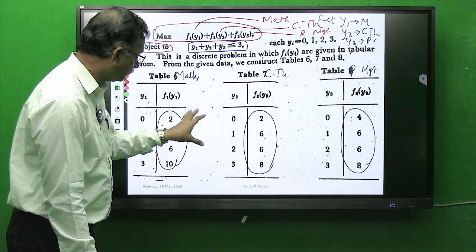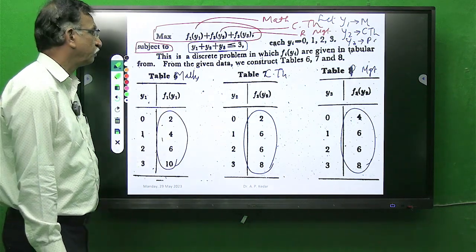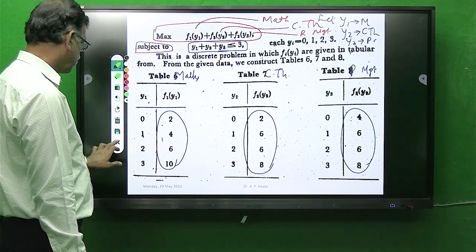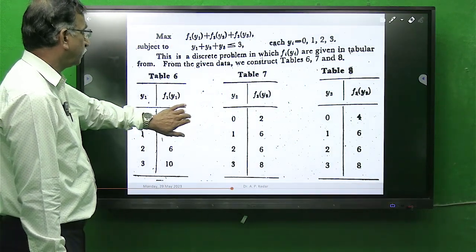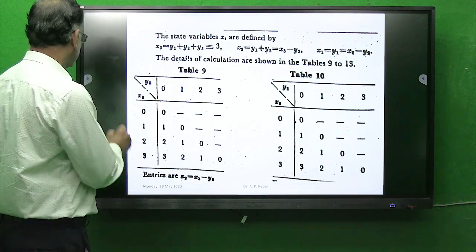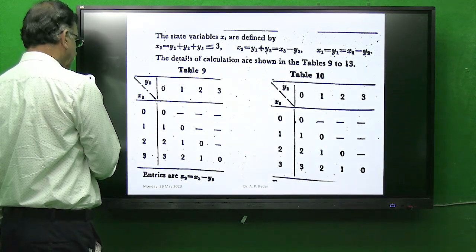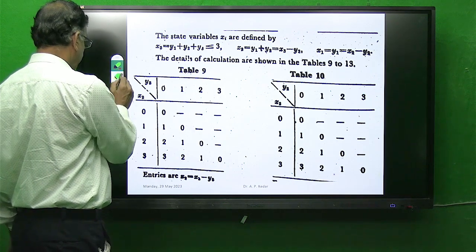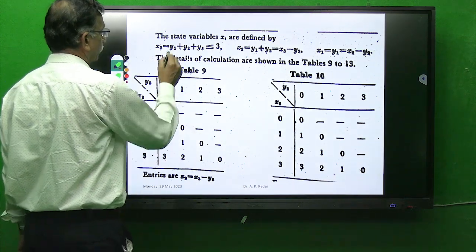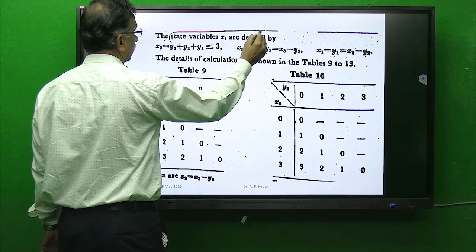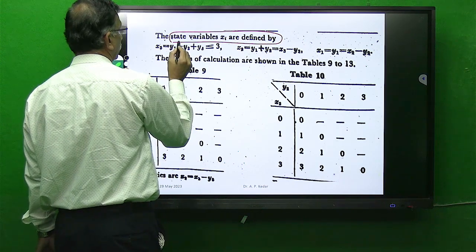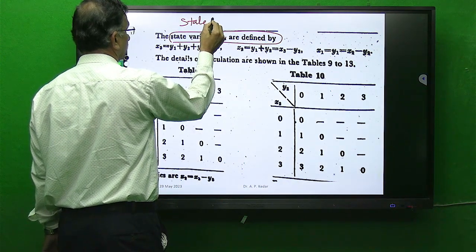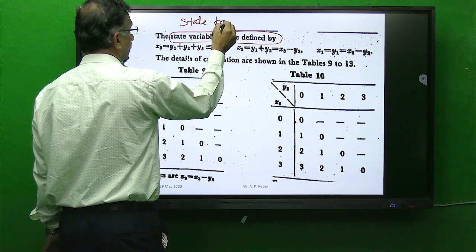With this, we now have to go for various state transformations. State transformations are very important. I am explaining that in every problem.